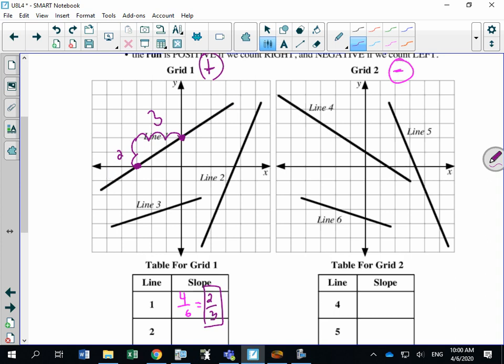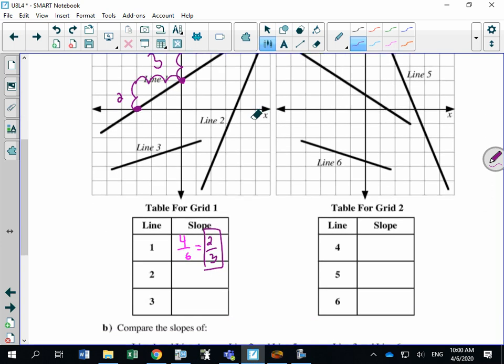From here, I could rise 1, 2, run 1, 2, 3, and there's my point. If I said, well, where would the next point on this line be? Rise 2, run 1, 2, 3. The next point on this line would actually be right there, because the slope of this line is 2/3.